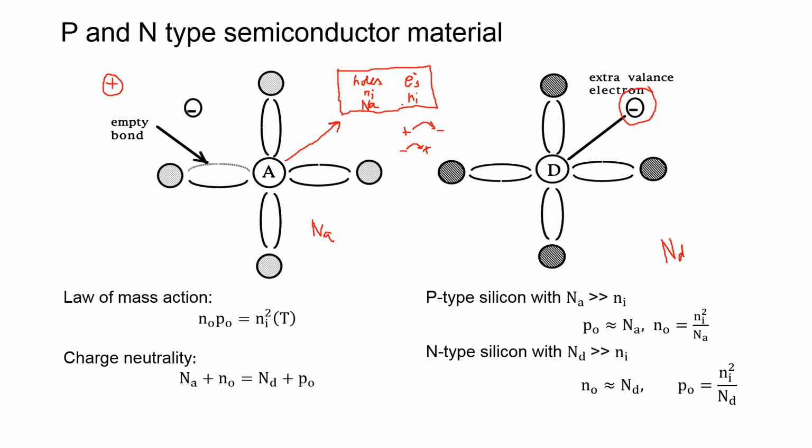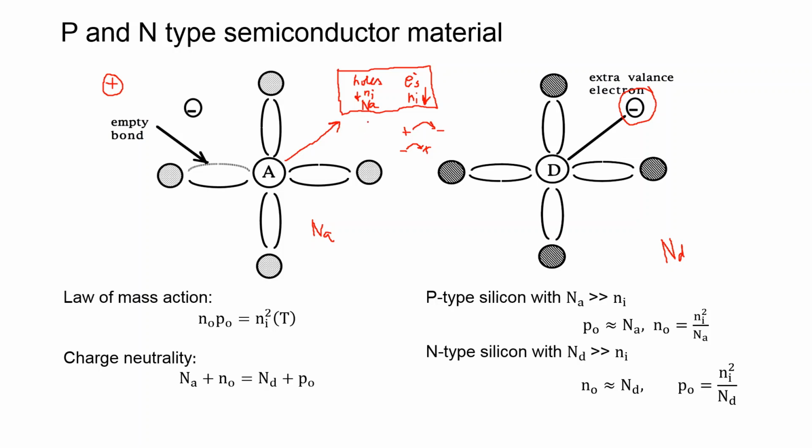These electrons Ni, which are in minority, will recombine with some of these holes Ni plus Na, and the value of Ni will reduce. But since Na is very high as compared to Ni, this becomes very low as compared to the total number of holes.